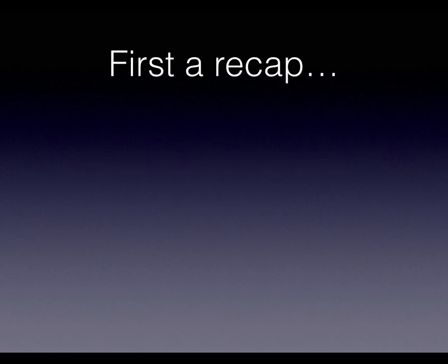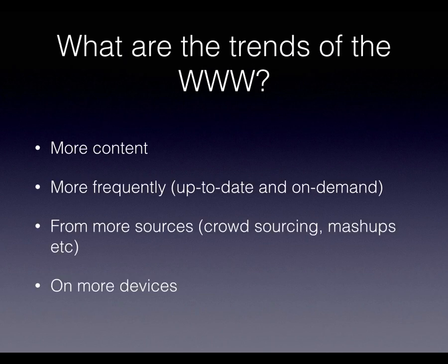First, a little recap from last week, some of the things that we learned. Basically we looked at the history of the internet and the World Wide Web, and we discovered some trends that seem to have been occurring and continue to occur.